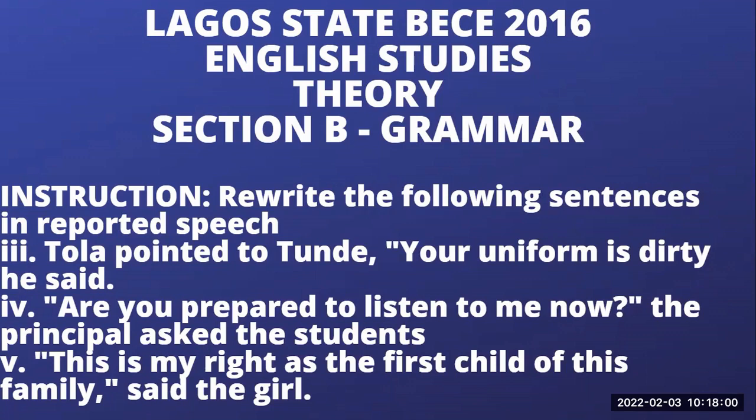The girl said that, it's important in some sentences for proper connectivity, to be able to connect the ideas. You will need that. The girl said that. Then this is my right changes to that was her right. The girl said that that was her right as the first child of that family.